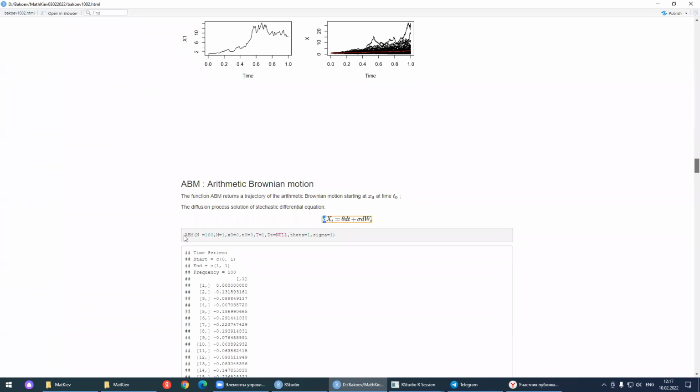The function ABM has these parameters: the number of steps, 100, the number of samples, x0, t0, t, and the steps of iteration, theta equals 0, sigma equals 1.